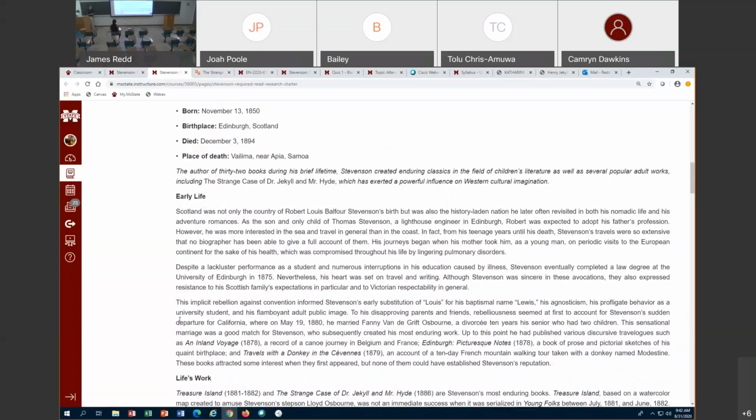Because he was so sick, he took a lot of medicines and things like that. And a lot of the medicines back in that time were full of drugs. Stuff nowadays that we would consider to be hardcore illicit drugs, like opium and laudanum and stuff like that.